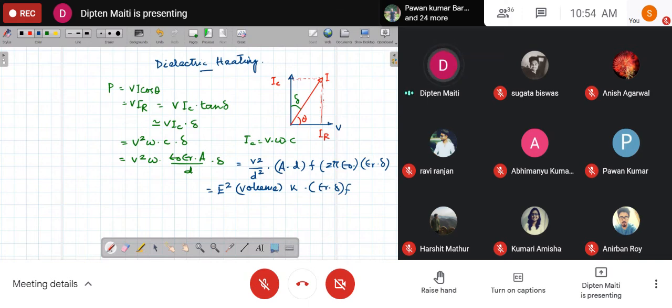Now, due to that there will be dielectric heating, and you can consider the food or the material put inside the microwave oven as the dielectric material which is heated up.